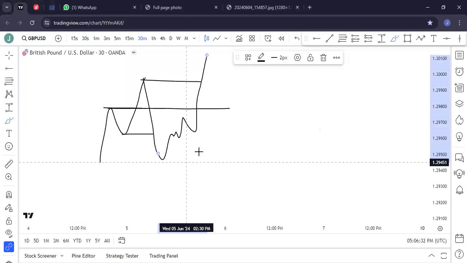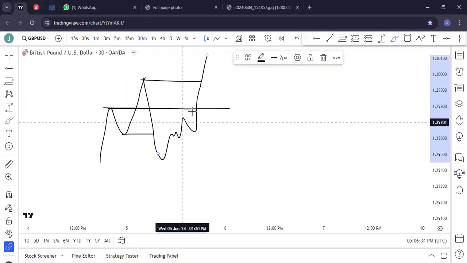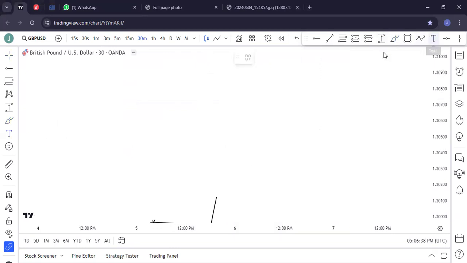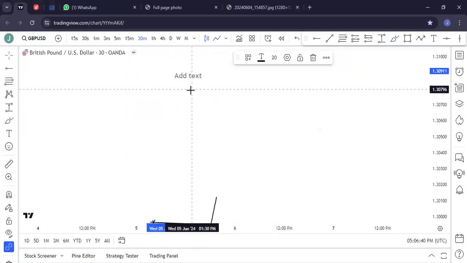Now, if you find this scenario in the market, this is what we call failed liquidity engineering, or sometimes people call it failed overflow.